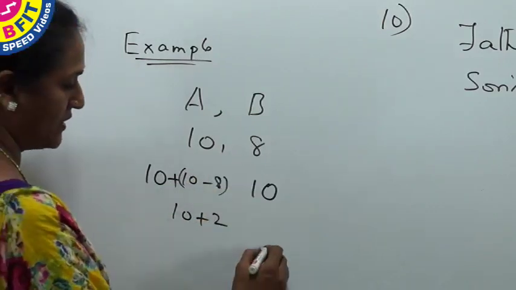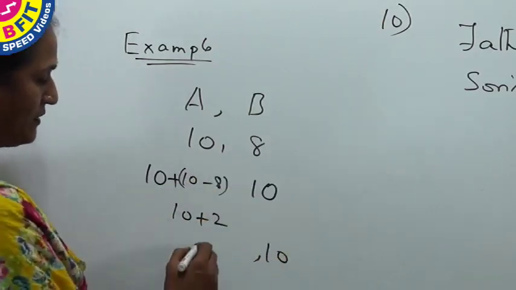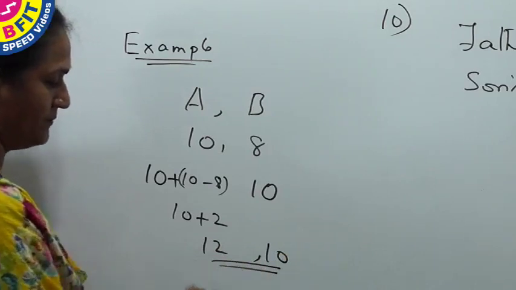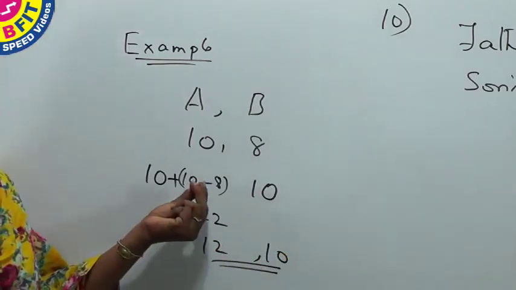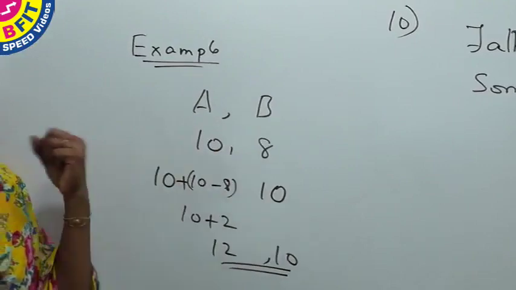So when B attains A's age, A will be 12 and B will be 10.